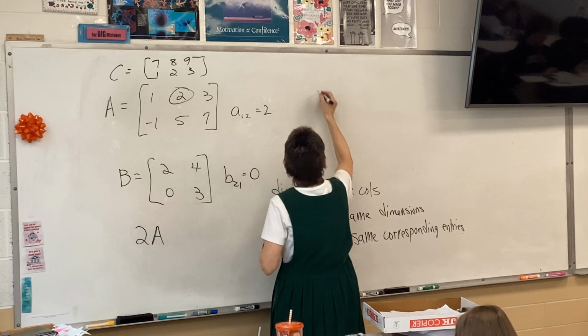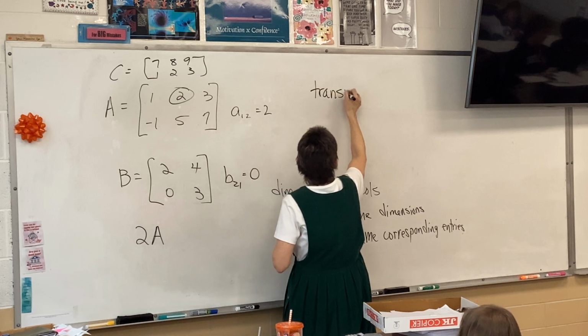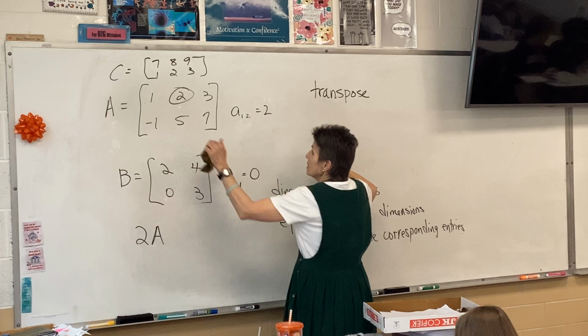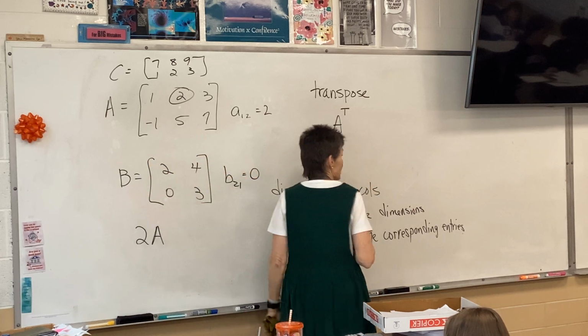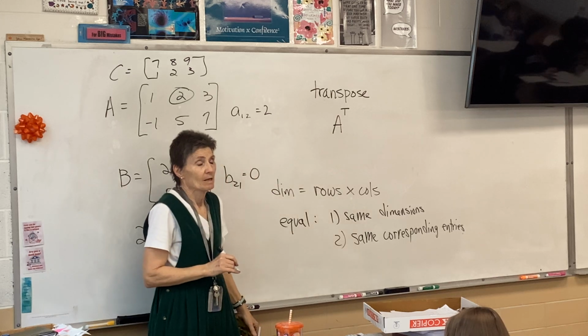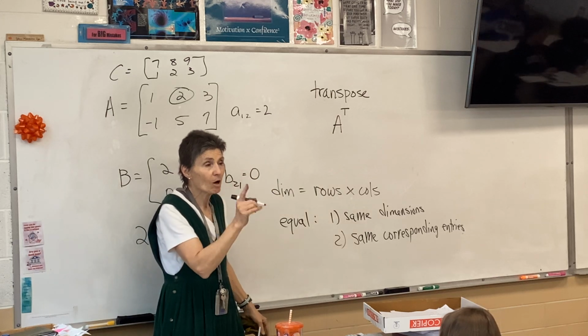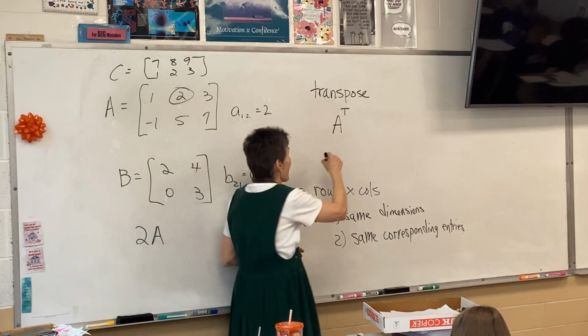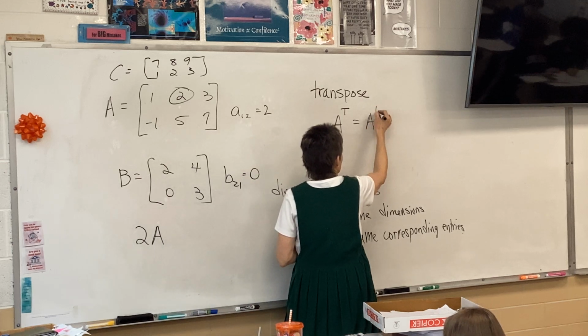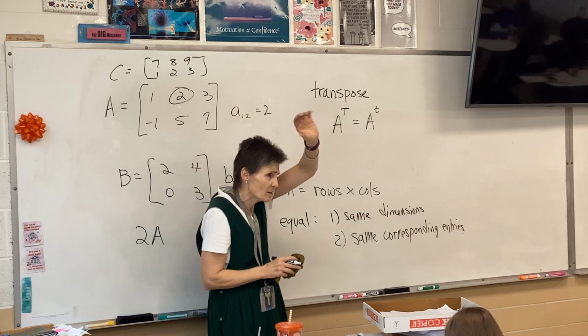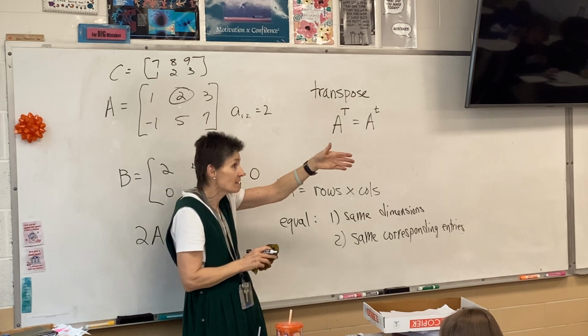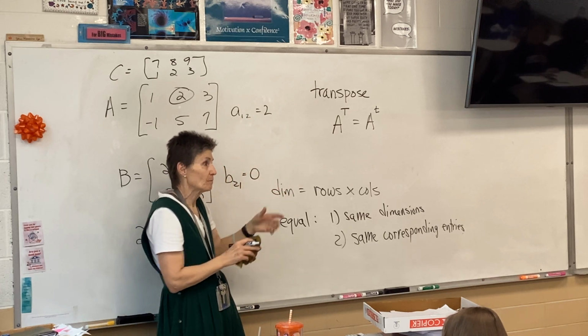If we want to talk about the transpose, let's do matrix A. The notation is this. Depending on the book you're using, that might be a lowercase t. It doesn't matter. If it's in an exponent position, but it's a t, that means transpose.